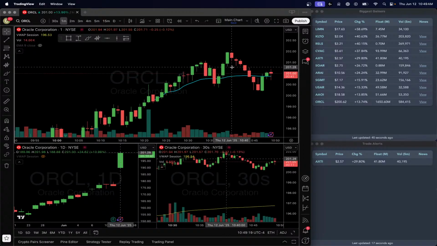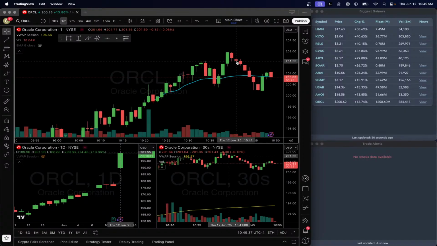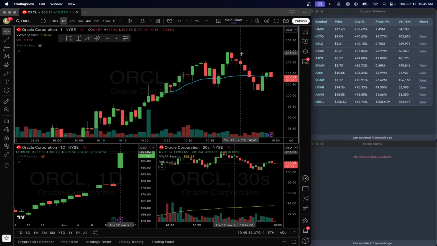So we have AXTI at 1040, AXTI at 1049. So let me go ahead and test that one to see if that one is true. AXTI. So we had a run up, we had a pullback, did not work.